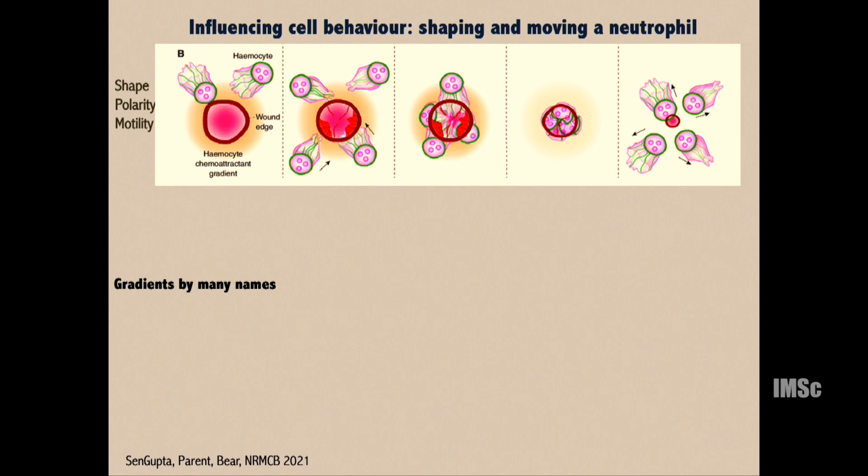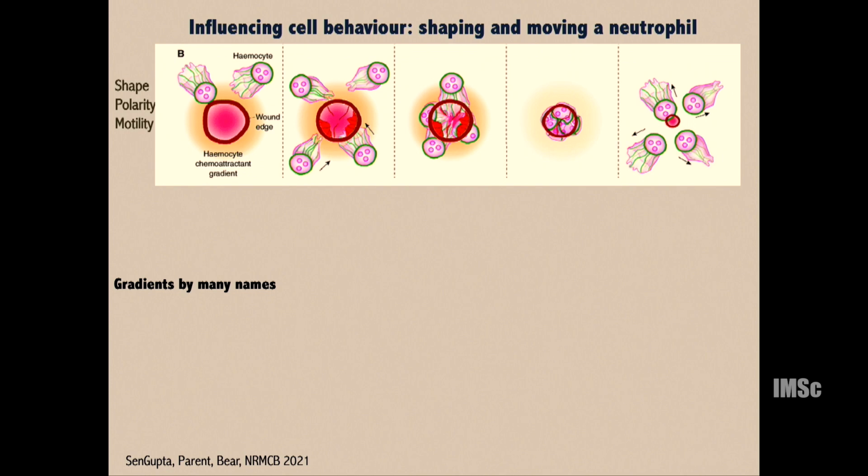And what you will see is that progressively multiple neutrophils migrate towards the wound. You can see now that they're all oriented in the same way towards the wound, meaning that they have these frilly membranes that are pointing towards the wound, and then they get closer and closer to the wound and help close it up.